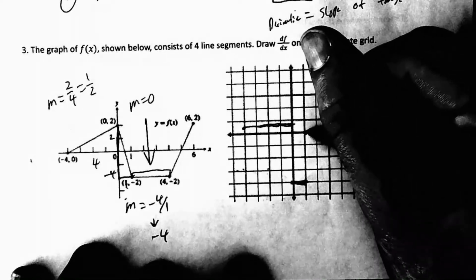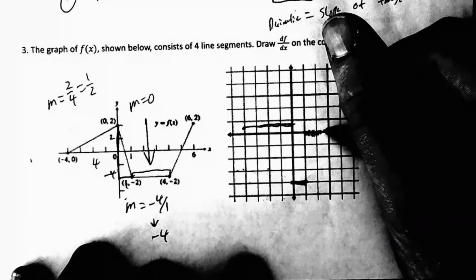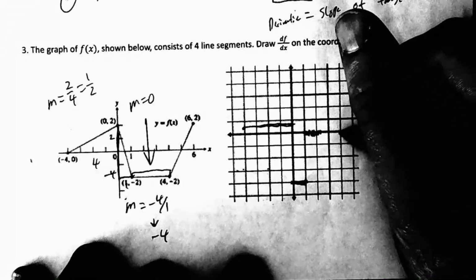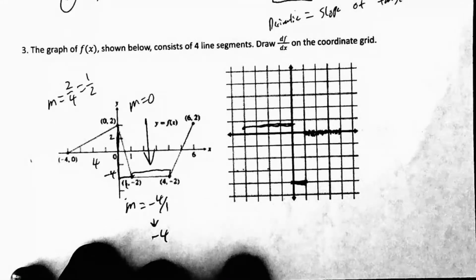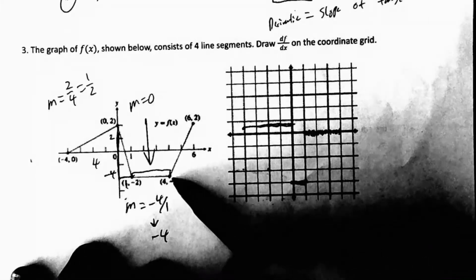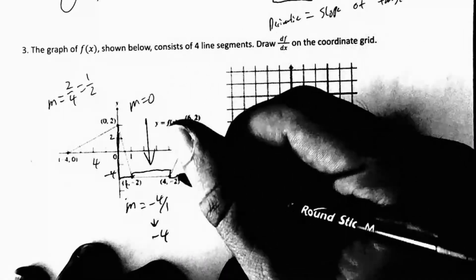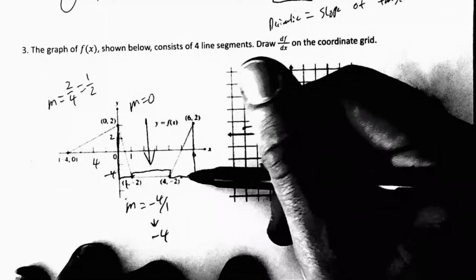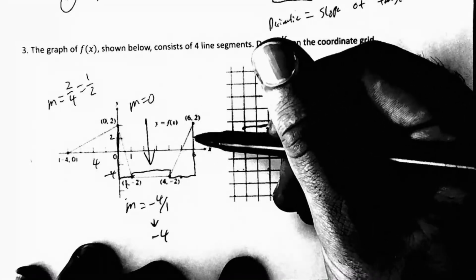So here you would kind of be, I'm going to emphasize this, from 1 to 1, 2, 3, 4, this is all 0. And then last, from 4 to 6, I go over 2, 1, 2, and I go up 1, 2, 3, 4.